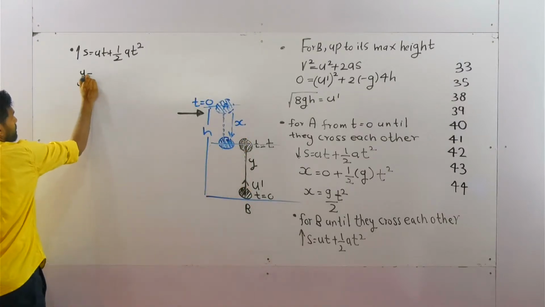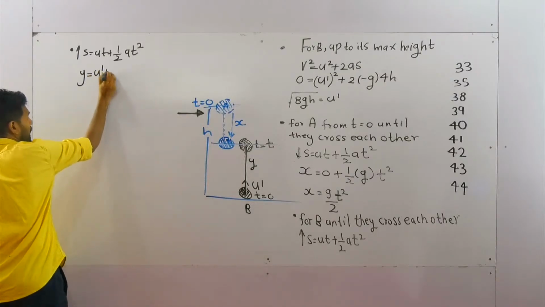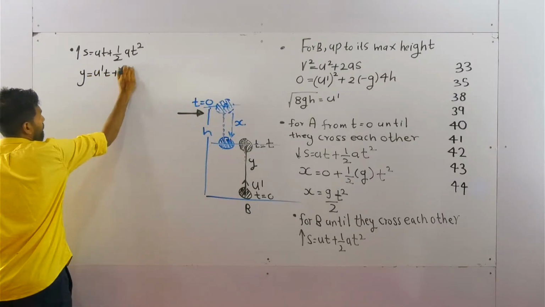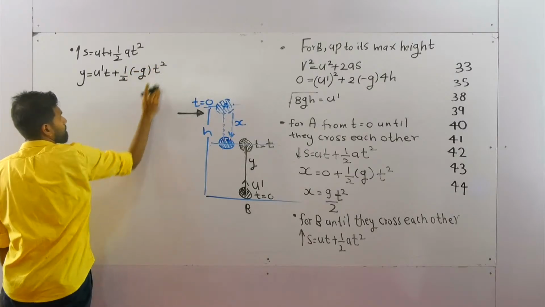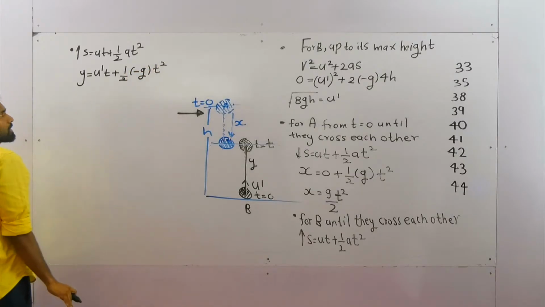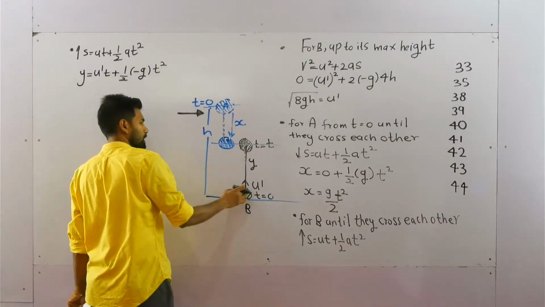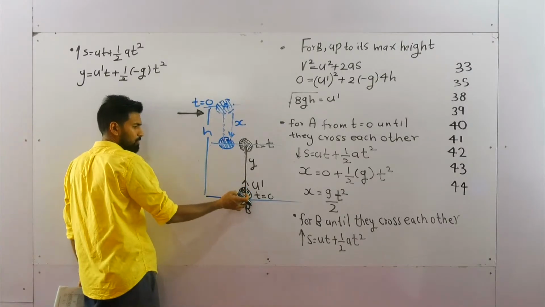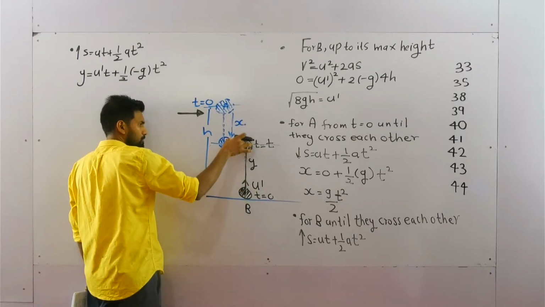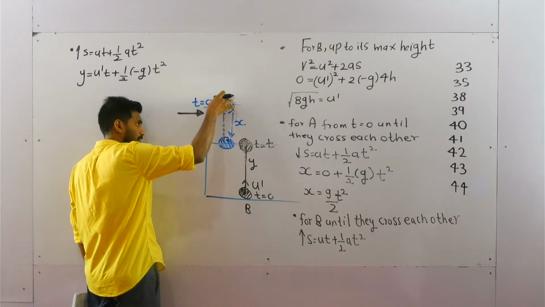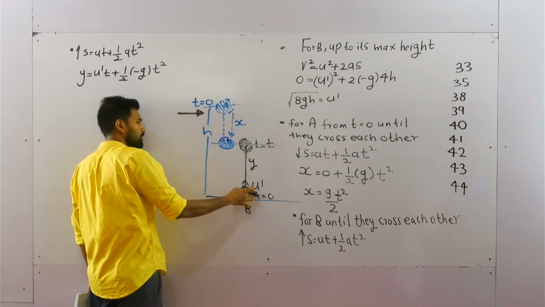Y is equal to, its initial velocity is u dash, time spent is t, plus half minus g t square. That is the equation I am using with capital B. It was thrown with the initial velocity u dash to cross the stone coming from above, so it has to travel a displacement y upward.